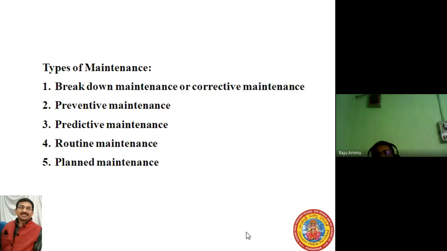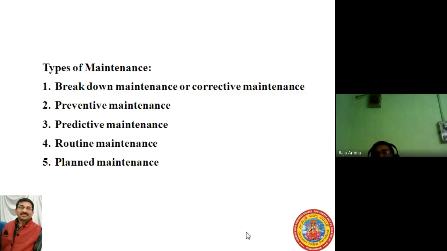You will write down which machine has to be maintained on which day, without disturbing the production process. If you keep on disturbing the production process, that will be a problem for production. So you maintain it when it is not in working condition, or when it is in working condition but not disturbing production.